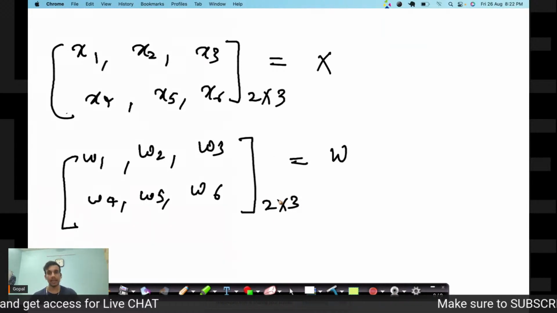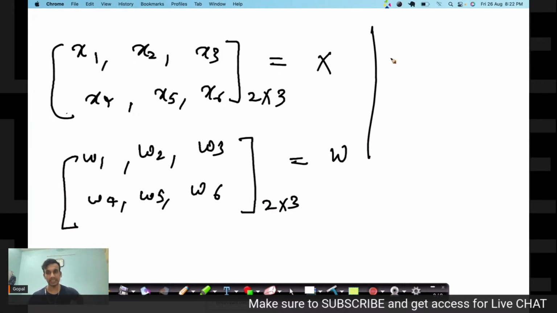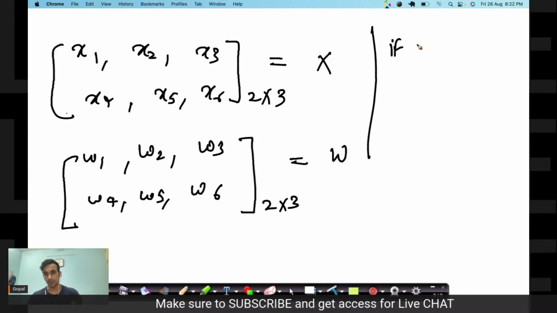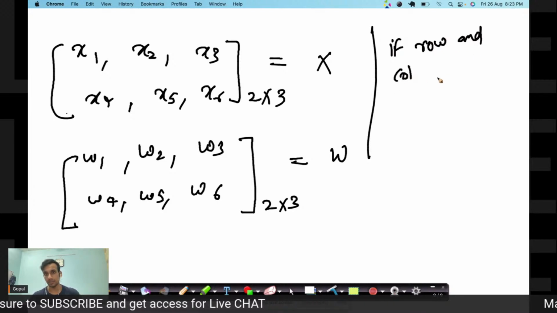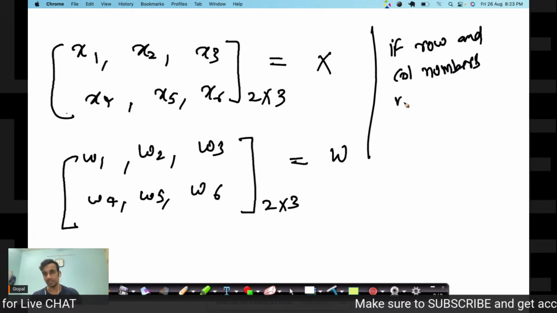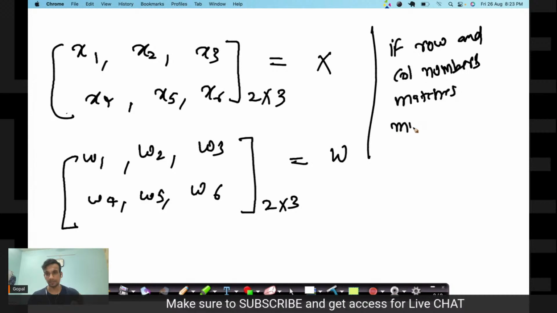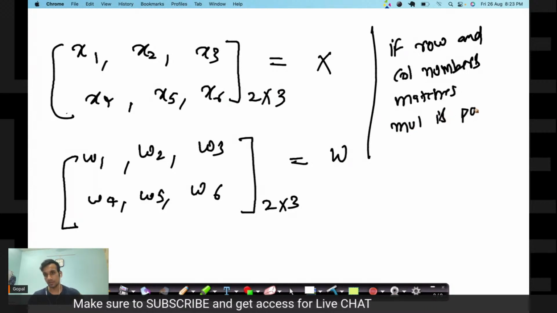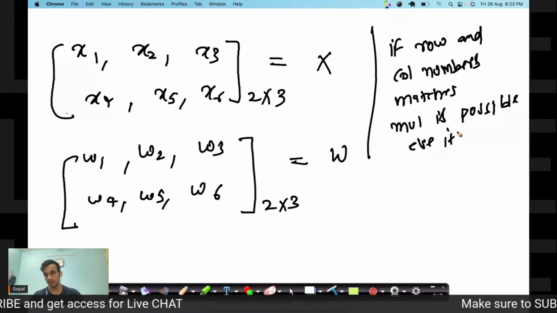Focus, guys. Now, there is a rule for matrix multiplication. The rule says if row and column number match, multiplication is possible. Else, it's not.